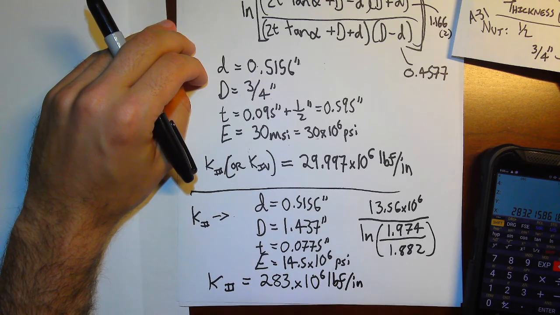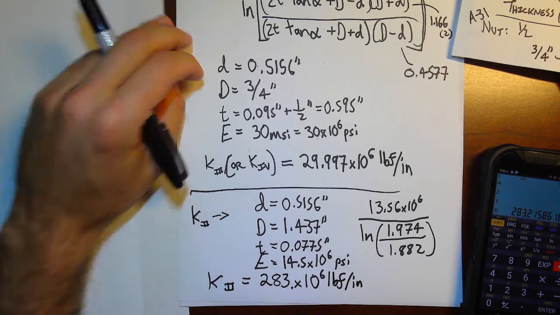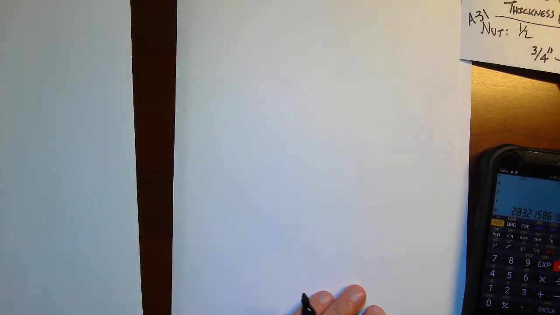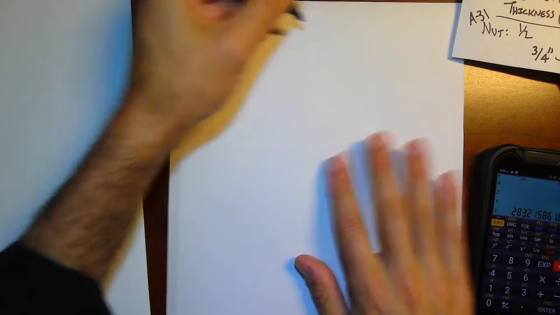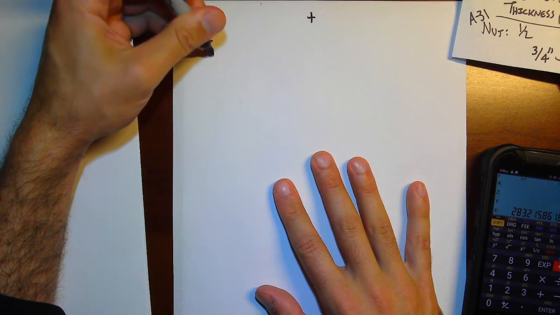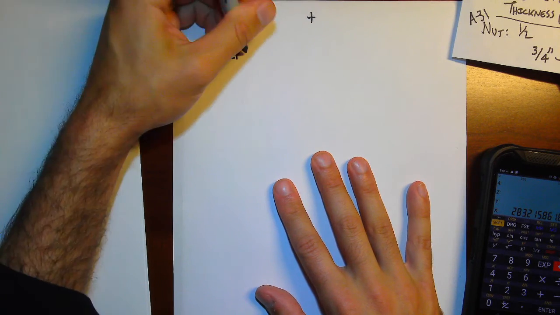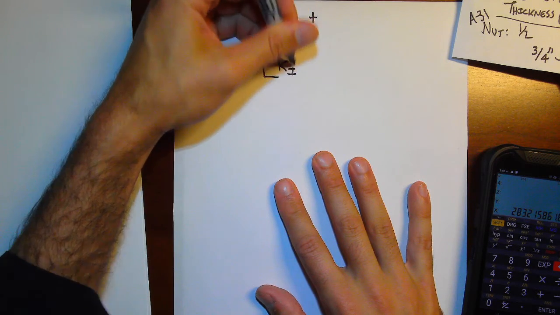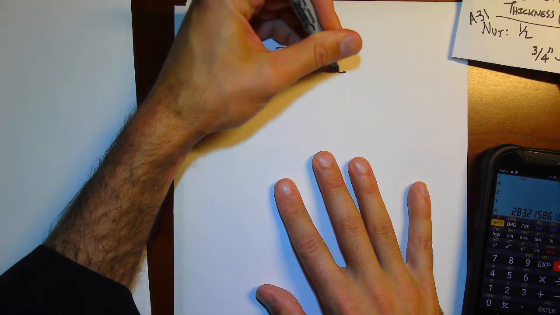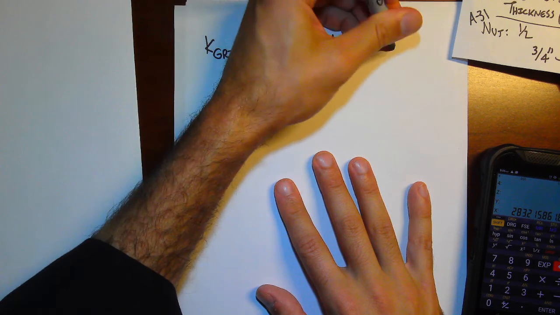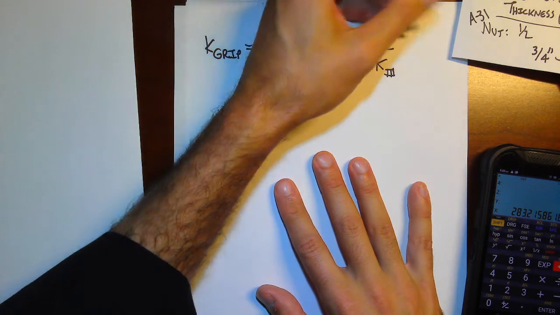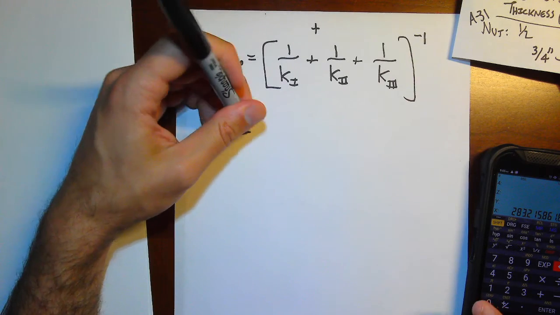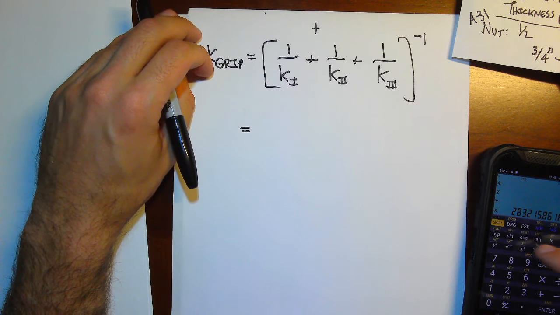All right, great. So now I just have to combine all those. I have all my stiffnesses. K grip equals 1 over K1 plus 1 over K2, and then I combine K3 and K4 in one shot. So let's do that. For K grip, take the reciprocal of that.